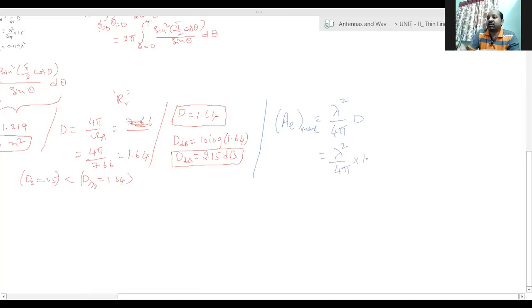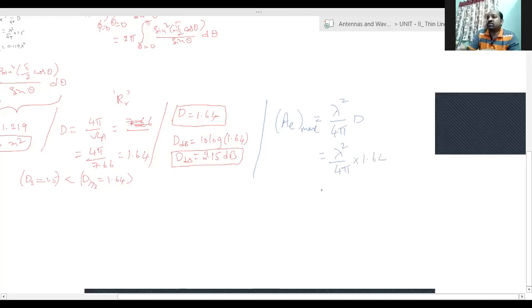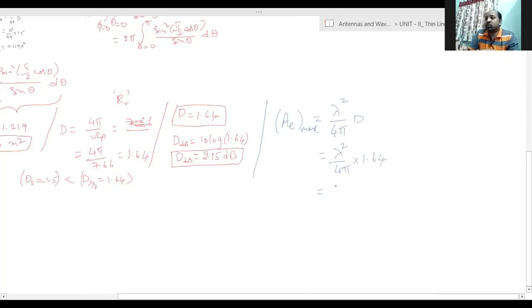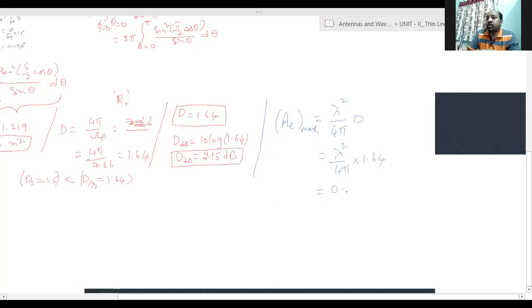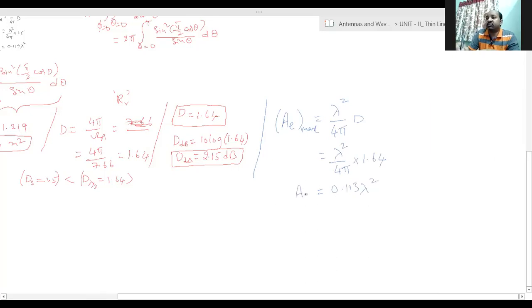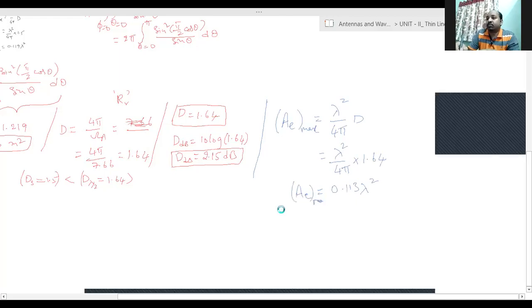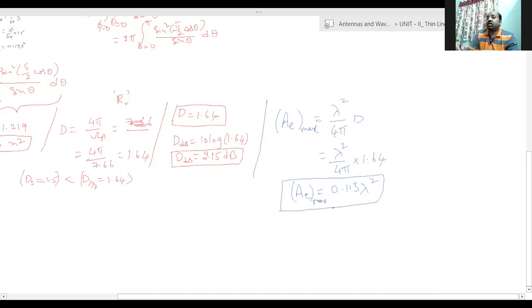Directivity is 1.64, and this gives 0.113 lambda square. So this is the effective aperture of a half wave dipole.